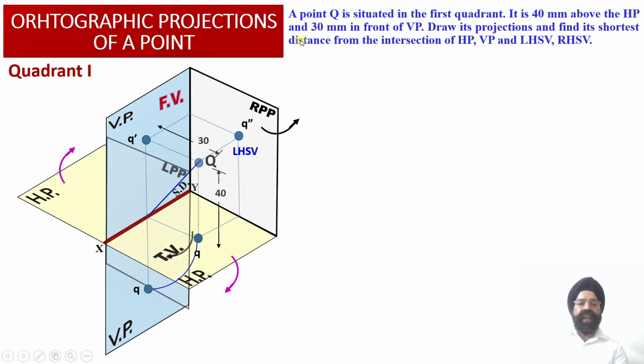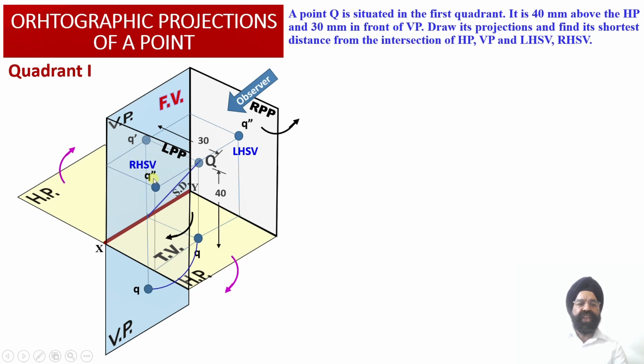Now, when the observer looks at this object from the right hand side view orientation, as per the conventions of the first angle projection method, the right hand side view projection of this point Q will be obtained onto the left profile plane. So this point Q will be projected on the left profile plane at this position, which will be marked as the right hand side view orthographic projection of the point Q, as Q double dash.